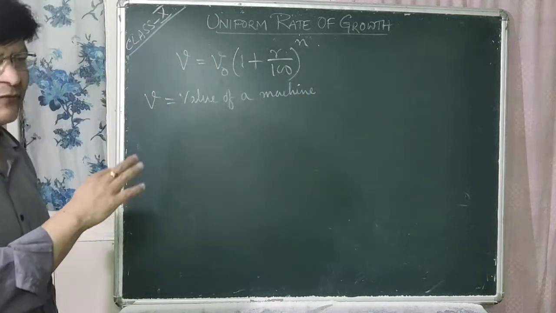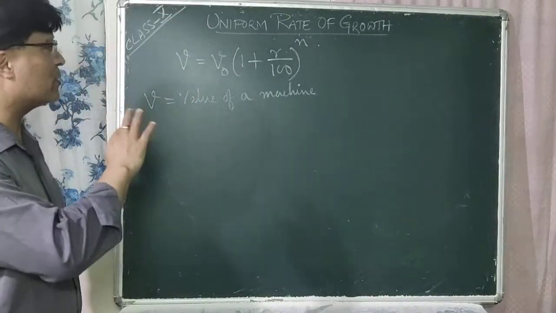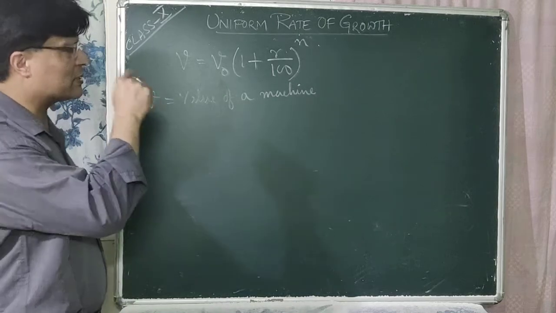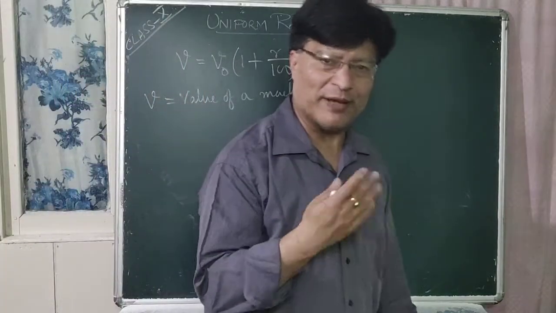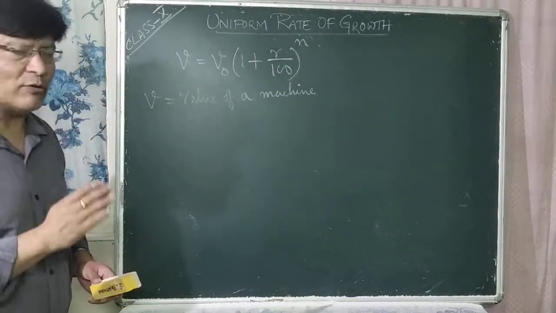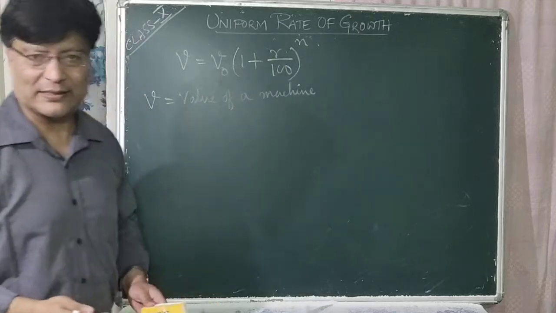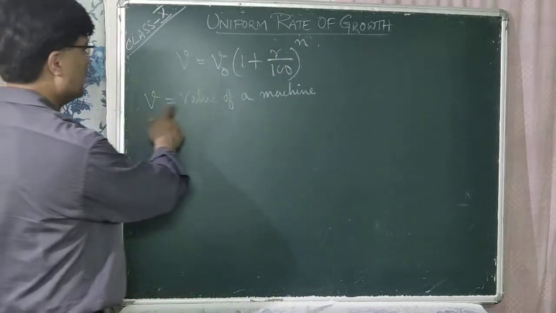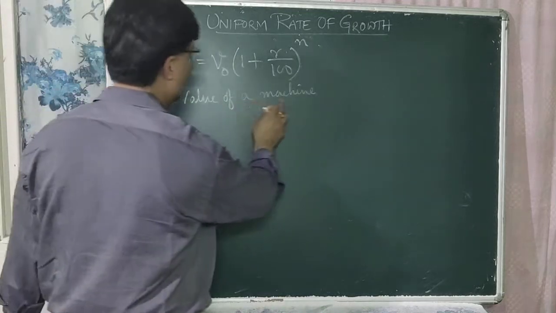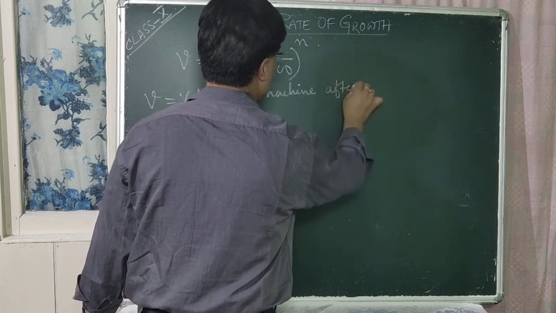Suppose in this case the value of a machine increases every year. Let us take the example of a machine. If you write plus here, the value of a machine increases every year at a constant rate R%. Clear? So V is equal to value of a machine after n years.